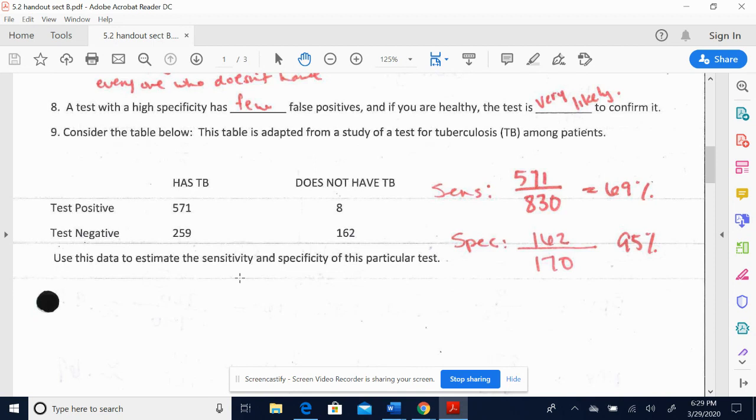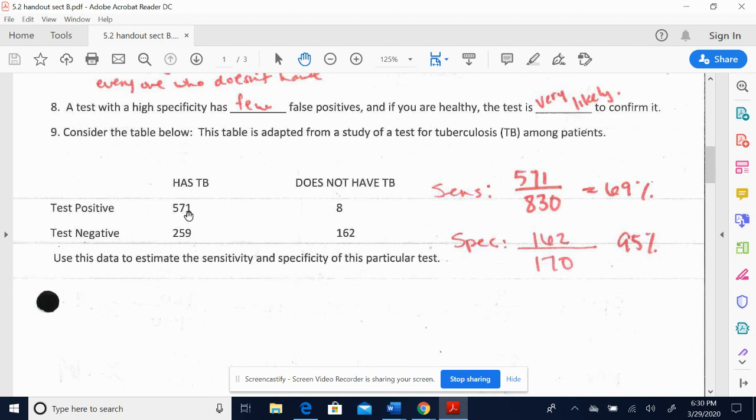Now, what would we hope in this test? Ideally, all of these guys would get a positive test, but we clearly see that they did not. In theory, in a perfect test, all of these guys would get a negative test, but we clearly see that they did not. Okay, we have some people who got incorrect tests.